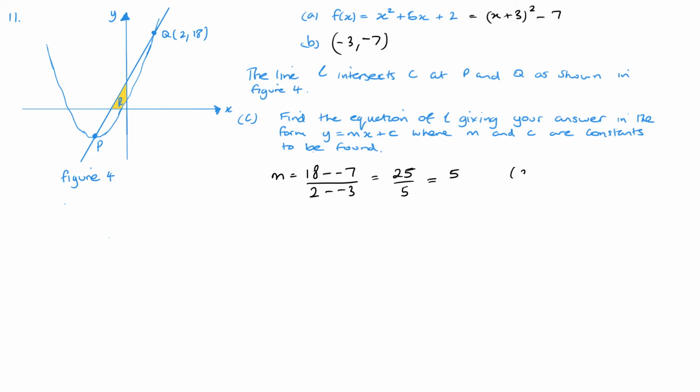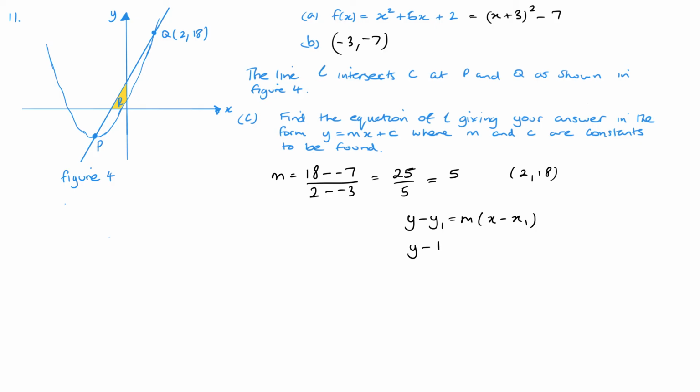And then I've got the coordinates 2, 18, or I could use minus 3, minus 7. It obviously doesn't matter. I'd use the coordinates given to me though in the question. It's just always better to use ones that are given to you rather than ones you calculate yourself.